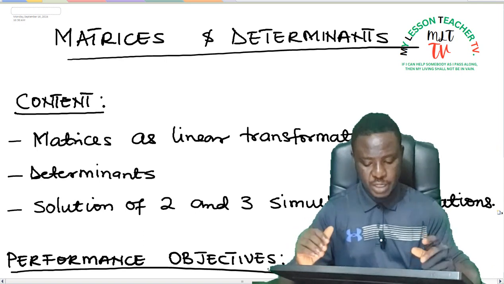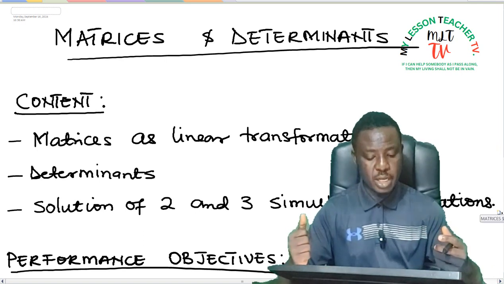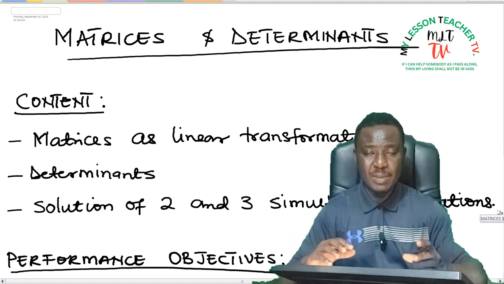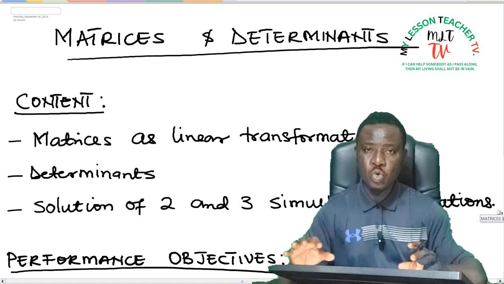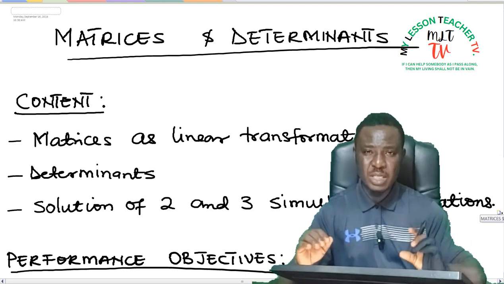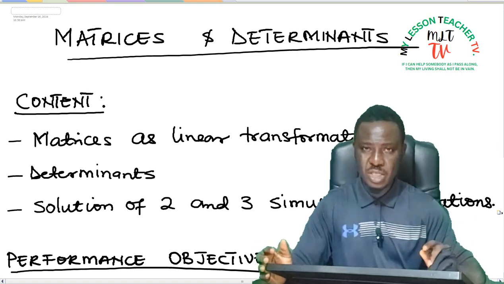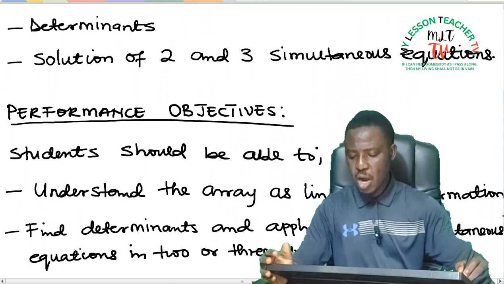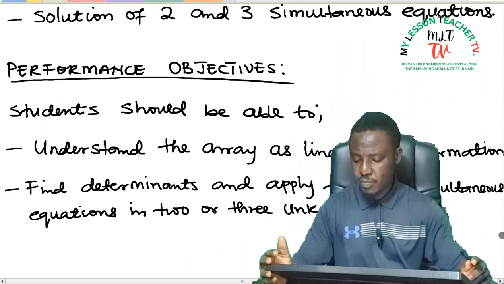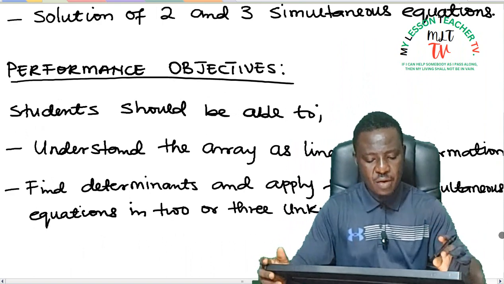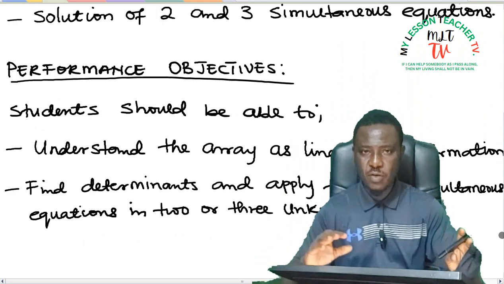Matrices are used in solving 2 or 3 simultaneous equations, because the most you can do using substitution and elimination method is on 2 simultaneous equations, but from 3 upwards, it is best solved using matrices. So in today's class, under this topic, we shall take the following objectives: that students should be able to, 1, understand the array as linear transformation.